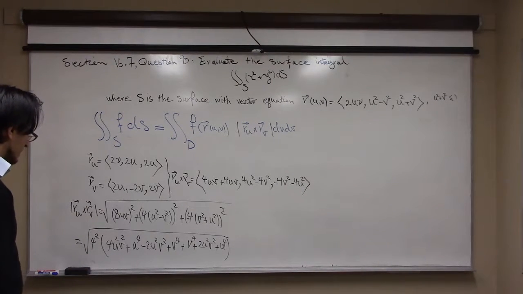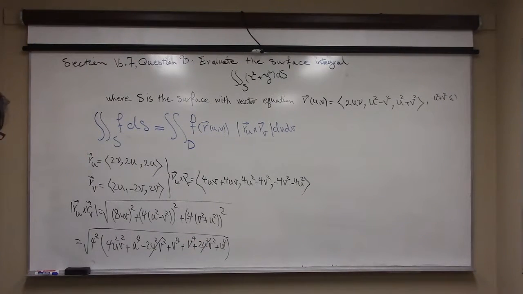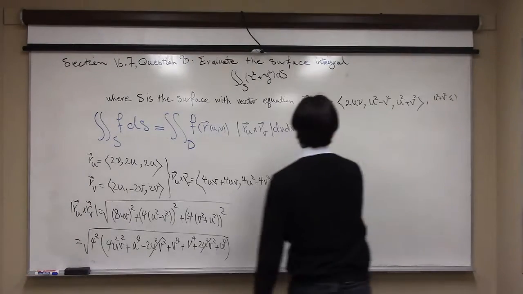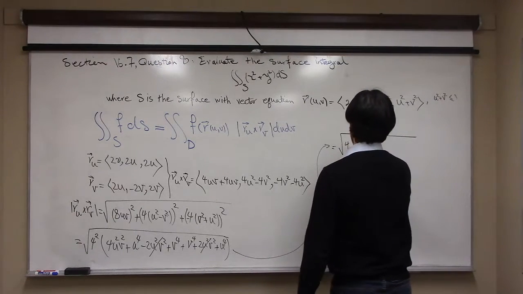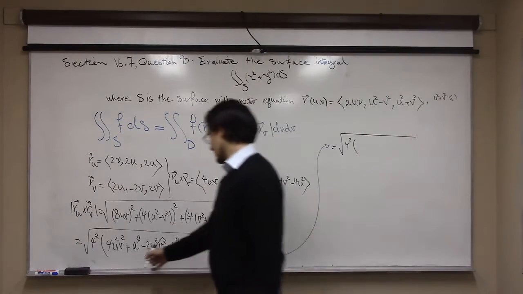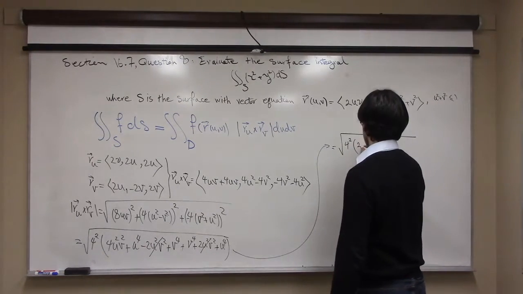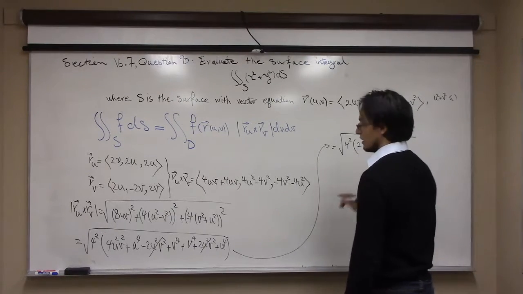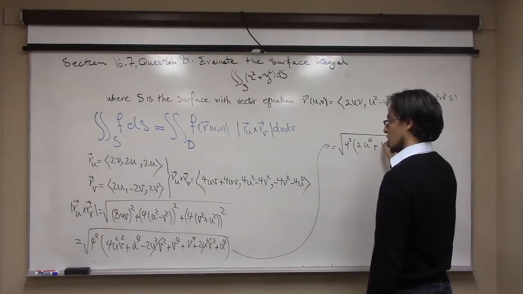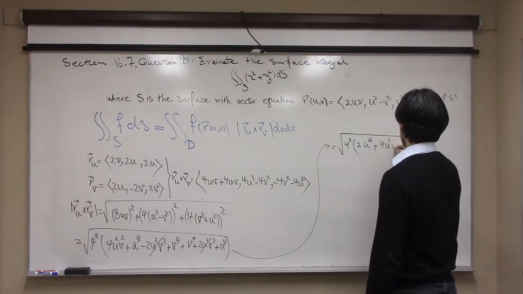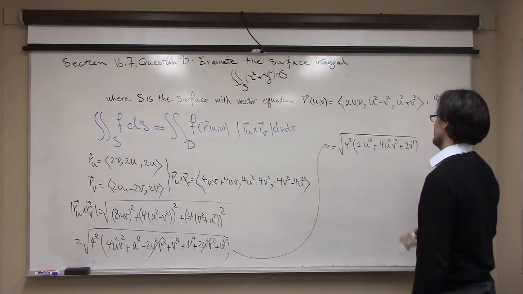Now these two cancel each other, and I have 4 squared times 2u to the power 4, plus 4u squared v squared, plus 2v to the power 4.